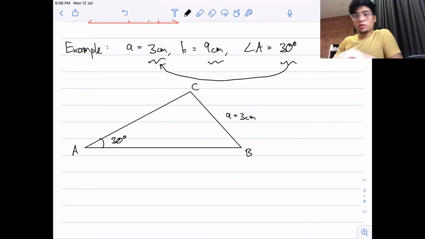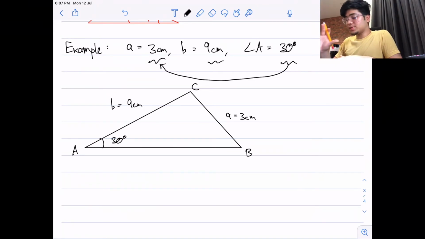When you want to know where to place B, the 9 centimeters, you have to check whether it's AC or AB. When you do the ambiguous case, you do not disturb the longest side. So we know that b is going to be AC, which is shorter than AB. So b equals 9 centimeters, which is AC.